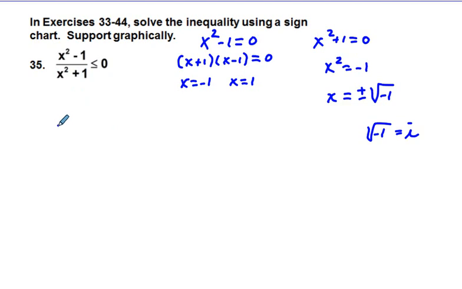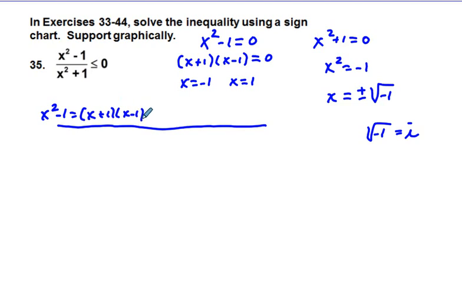Because the denominator is always positive, we create a number line chart. We're going to put x squared minus 1 here, which is really going to be quantity x plus 1, x minus 1. So in that number line chart, we're going to have -1 and 1.